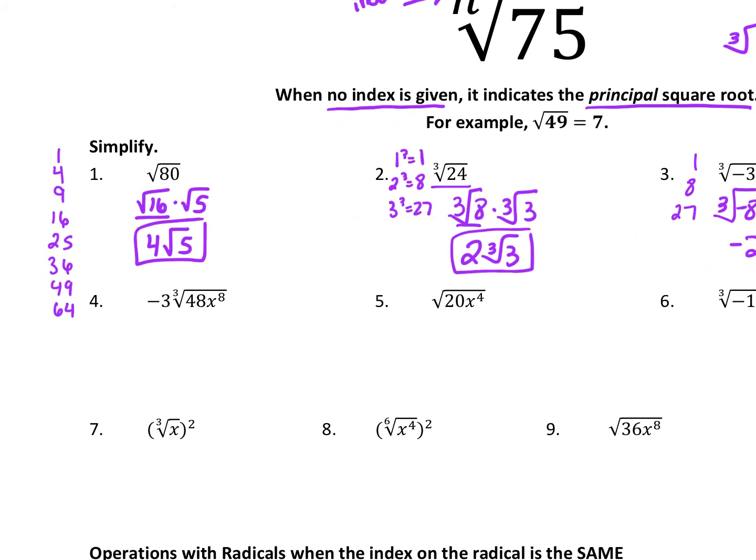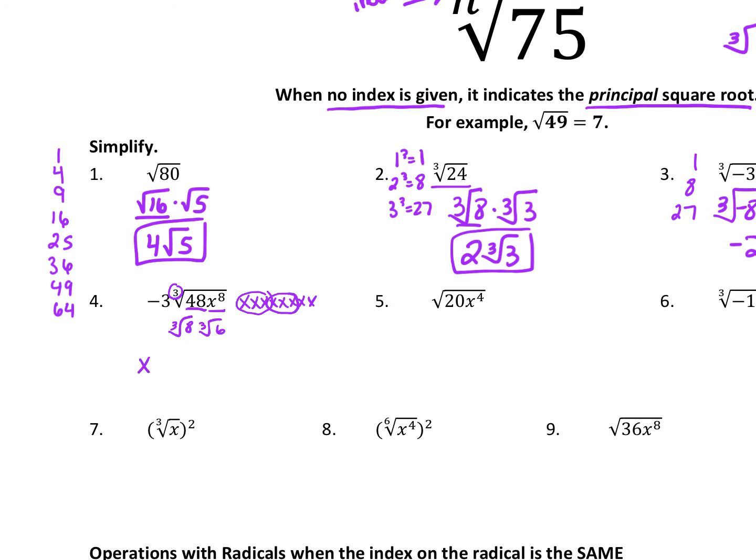Similarly in this one, I have a cube root, so I'm going to break down the 48 into the cube root of 8 times the cube root of 6. With the x's, if I have 8 x's, I'm looking for groups of 3 because my index is 3. So I have 2 groups of 3.